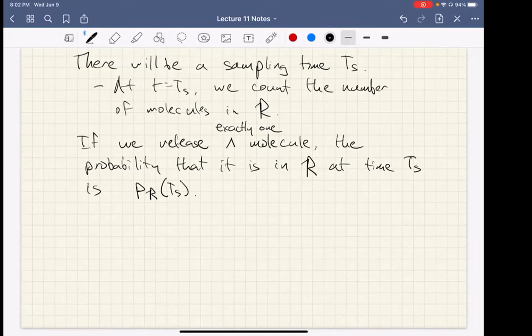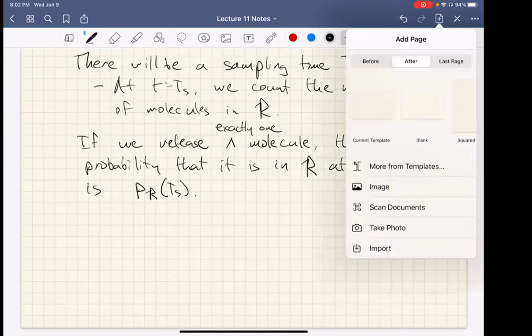So how does this become a communication system? Let's consider the simplest possible expression of concentration shift keying.